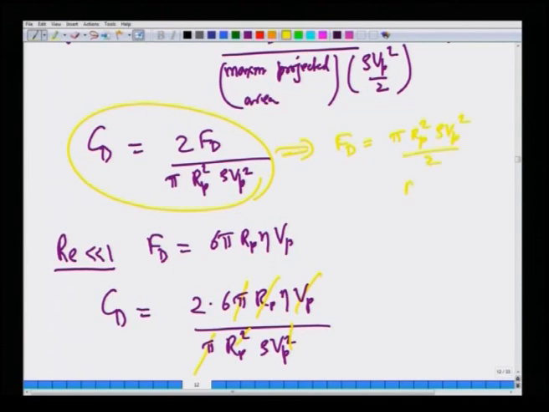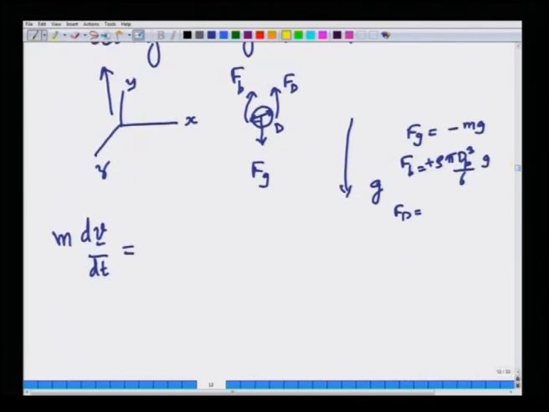Now, if you write Rp as dp divided by 2, then Fd will be simply pi by 8 rho Vp squared dp squared times Cd. So, I will write the drag force in terms of the drag coefficient: pi by 8 times rho Vp squared dp squared times the drag coefficient Cd.